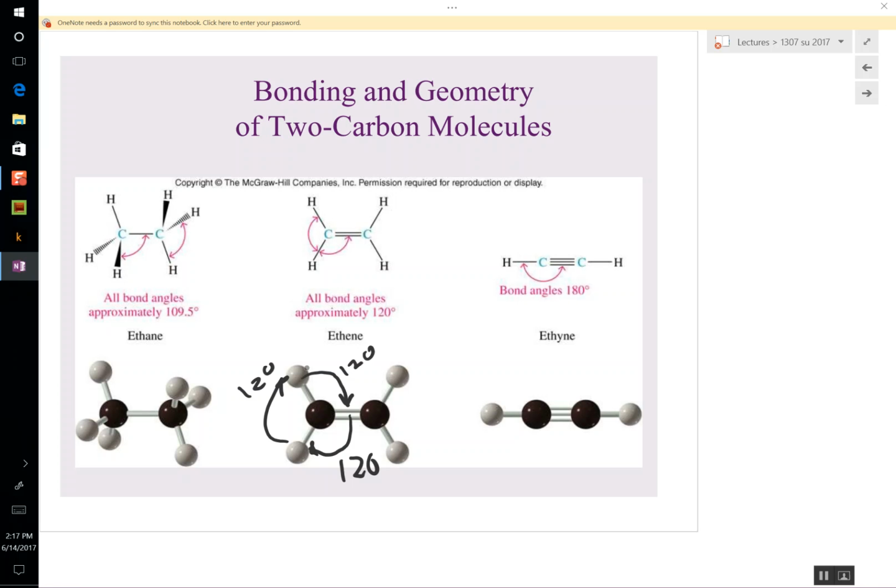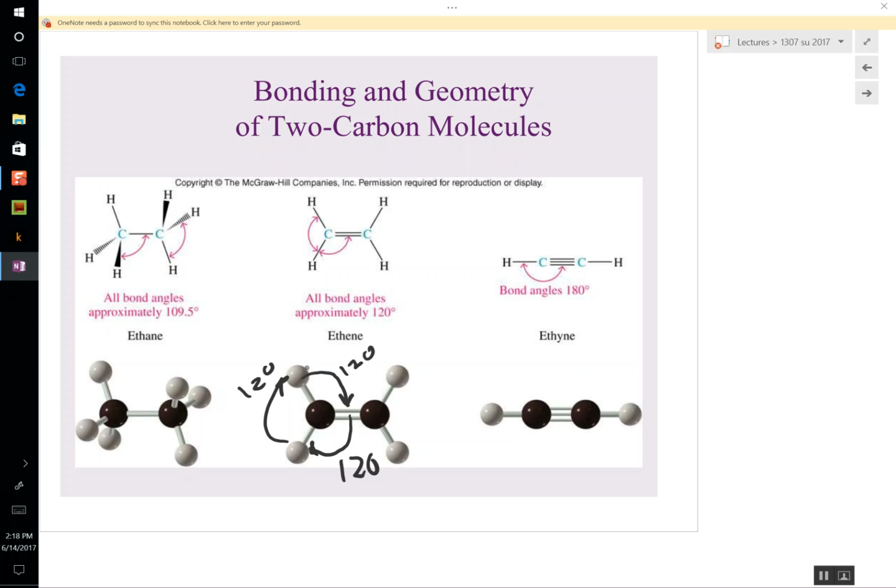What you notice right away, when I say it's a flat molecule, is that there's 2 carbons and 4 hydrogens, and they're all in a plane.